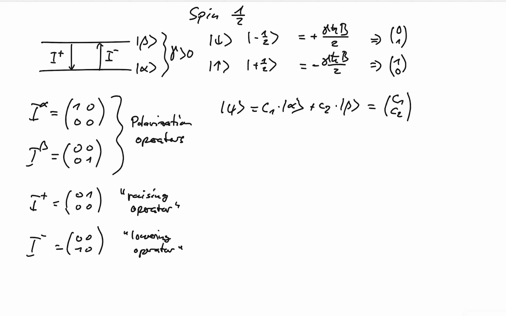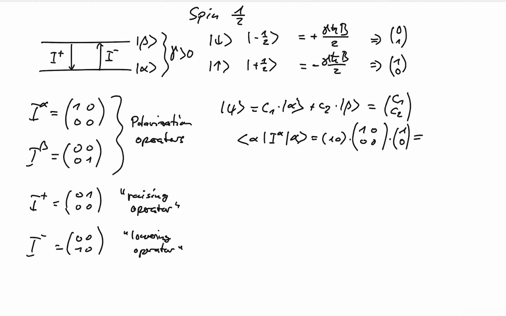If we have that, then the spin state or the alpha state applied to I alpha, we get the measure, which is simply now 1, 0, row vector times the matrix 1, 0, 0, 0 times the column vector 1, 0.